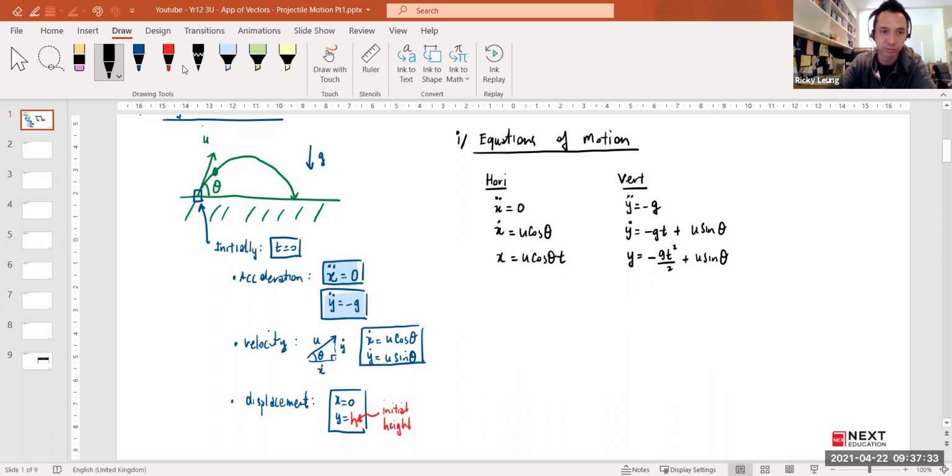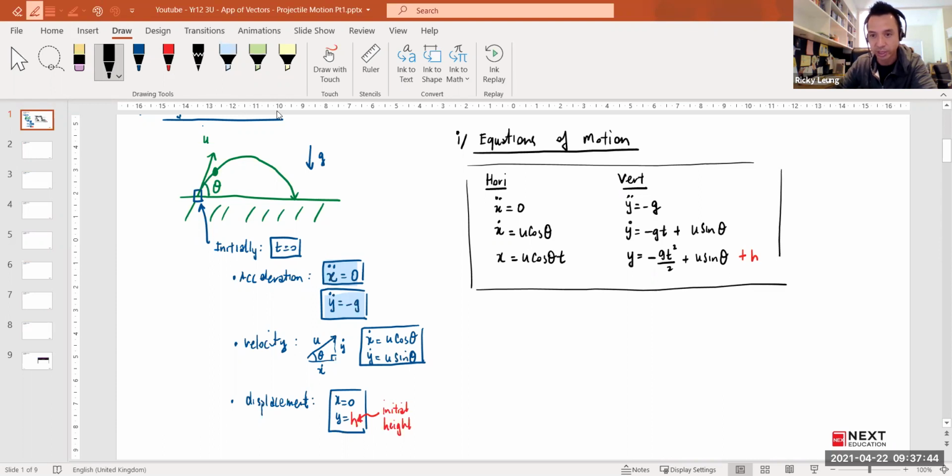And then just like downstairs, I'm going to add an initial height, yeah? So sometimes we'll need that, sometimes we don't. So this is the pack of 6 equations that some questions ask you to derive, some questions ask you to take as given and then use it to prove subsequent questions, right?